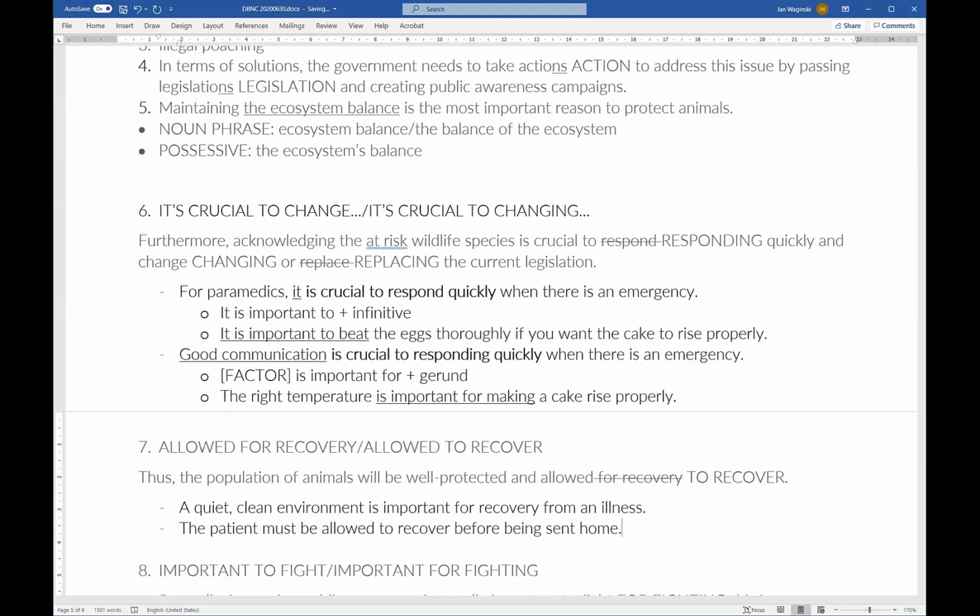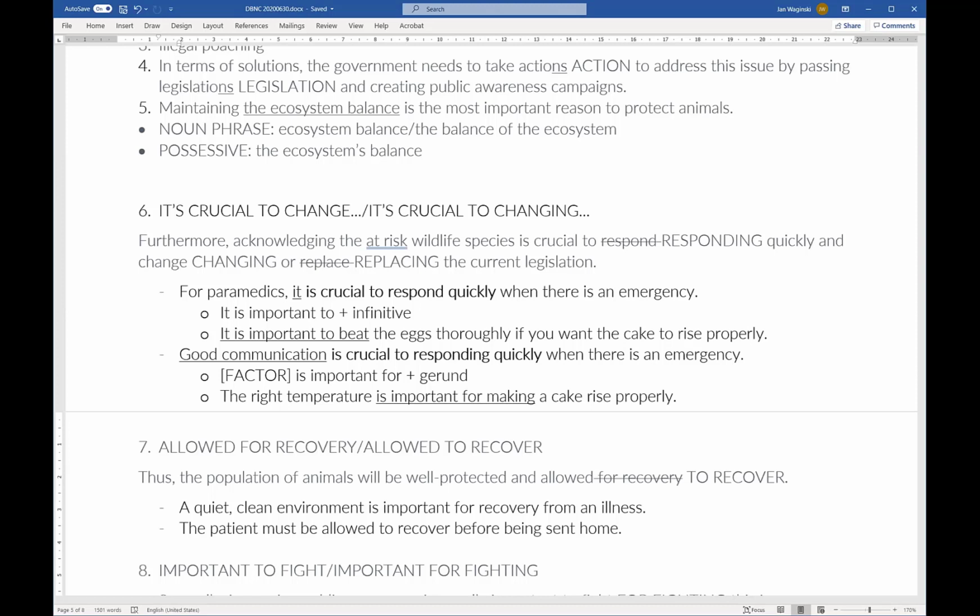Jan, can you hear me? Yep. Okay. I was listening and reading the two sentences. And I think the first one, for a paramedic it is crucial to respond, refers to a reaction, and the second one is a response.